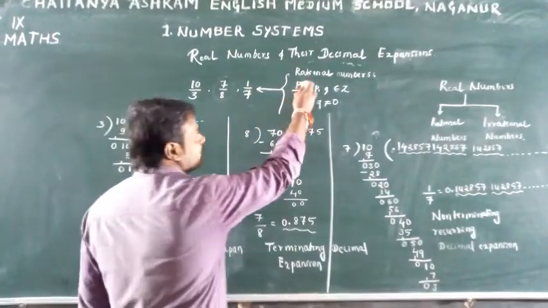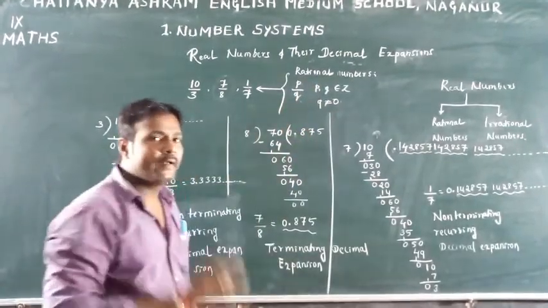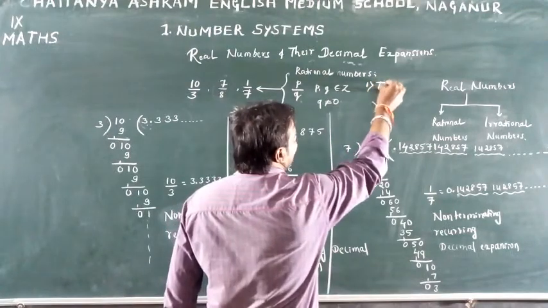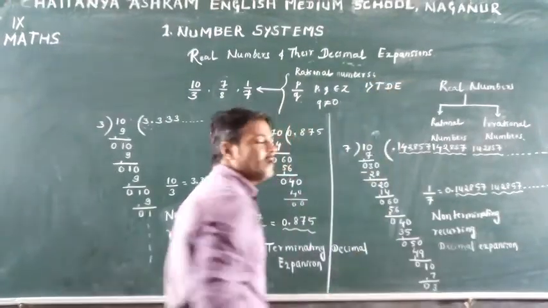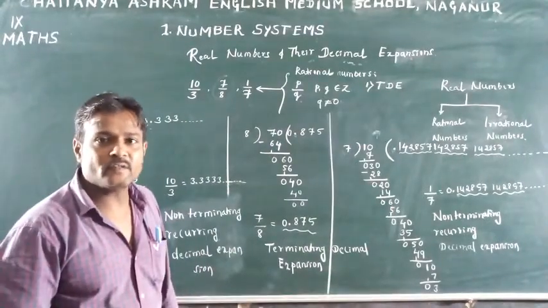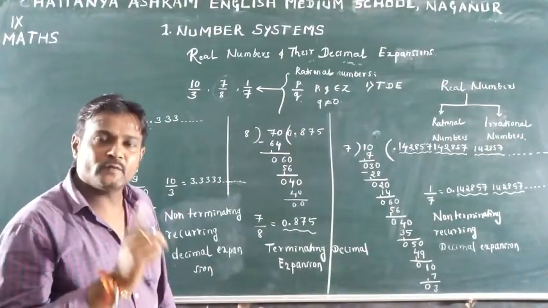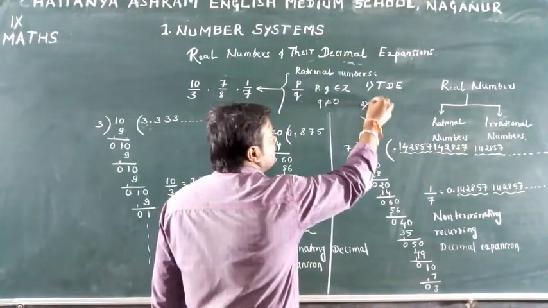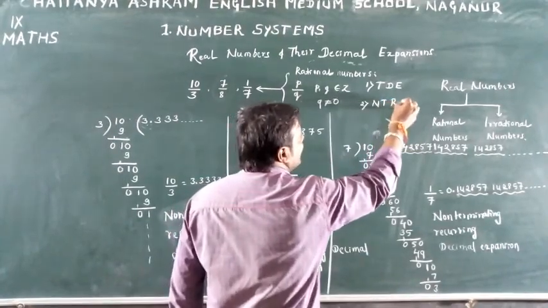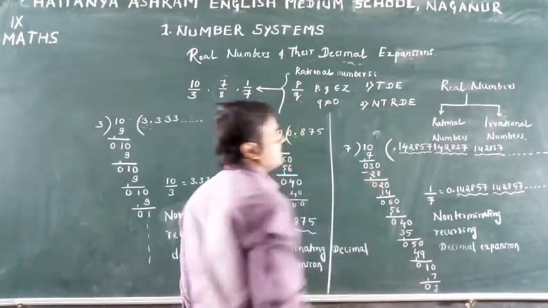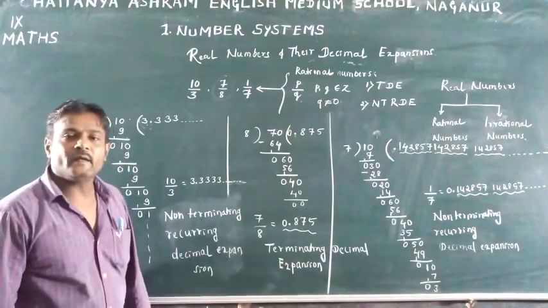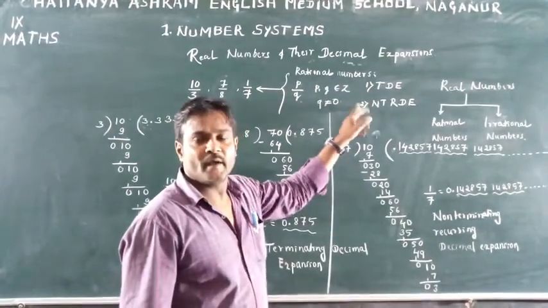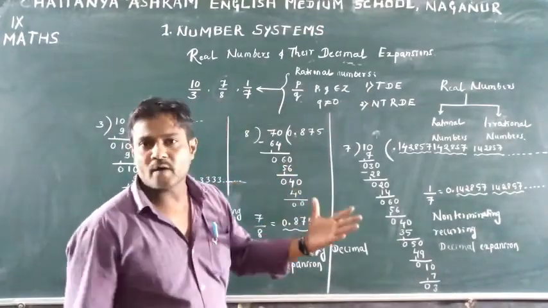So when you divide the numerator by denominator, you will get two kinds of decimal expansion. One is terminating decimal expansion. In short, I write TDE, that denotes terminating decimal expansion, means division process completed. Or non-terminating recurring decimal expansion. So in these two ways, a decimal expansion of a rational number occurs.